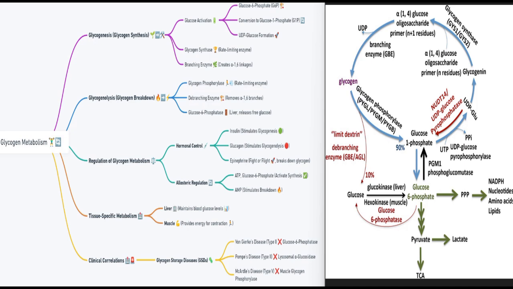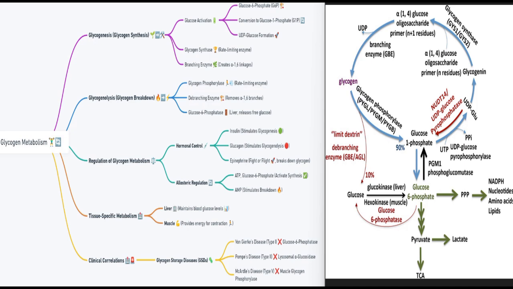With glycogenesis, the alpha D-glucose is attached to uridine diphosphate. UDP is the source of all the glycosyl residues that are added to the growing glycogen molecule. So UDP glucose is synthesized from glucose 1-phosphate and UTP by UDP glucose pyrophosphorylase, releasing pyrophosphate.